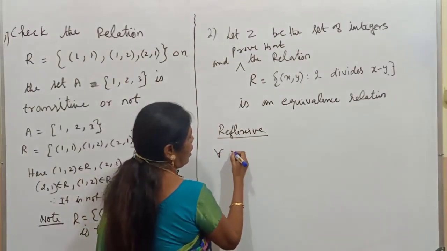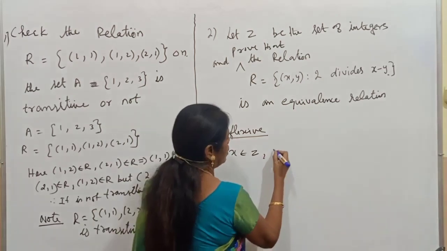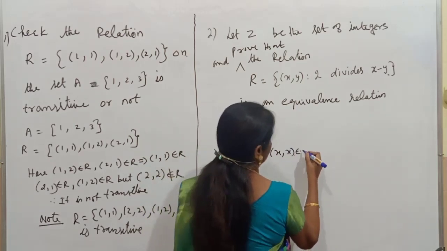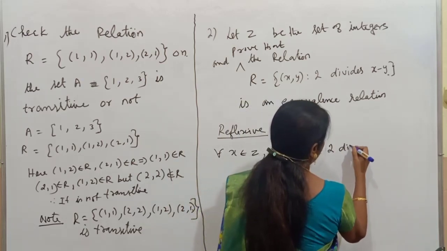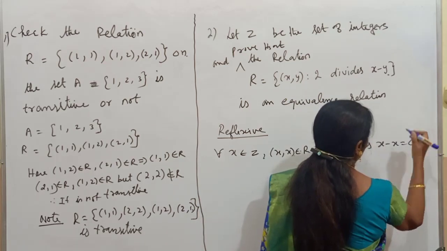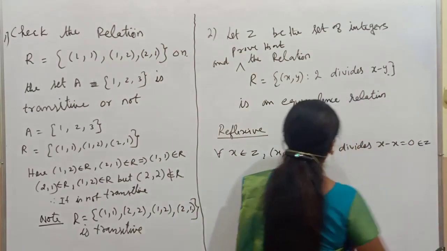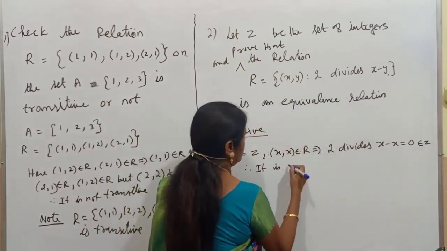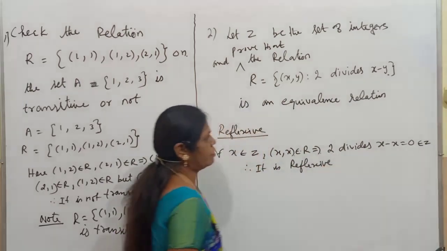For all x belongs to the set of integers, (x, x) belongs to R implies 2 divides x minus x. 2 divides 0, which is also an integer. Therefore, it is reflexive.